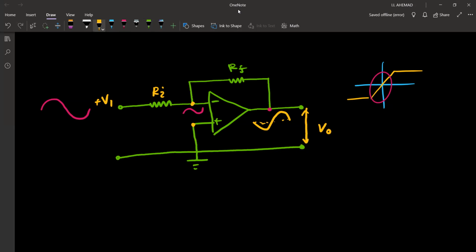Then it goes through this operational amplifier and it gets amplified. Now when it is getting amplified, it is inverted. Through this feedback resistor, it comes over here. This time it will reduce because it is passing through a resistor.